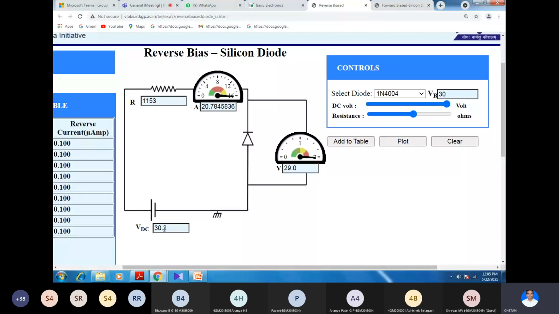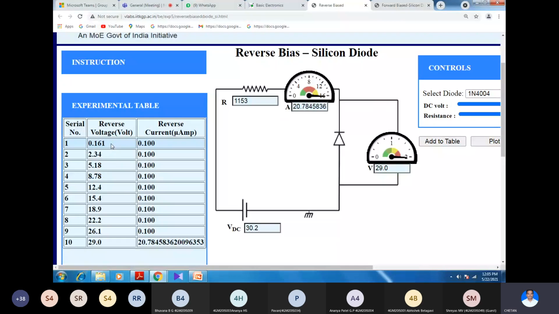It is around 20 microampere. So as you keep increasing the reverse voltage, only the voltage across this diode is increasing, but the current is constant. This is called the reverse saturation current in the reverse biased diode. It is very small, 0.1 microampere.